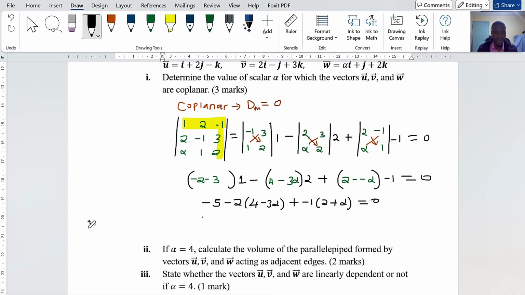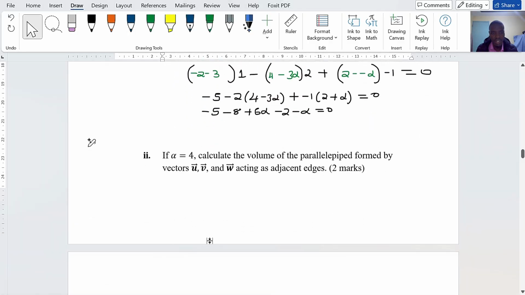So when we expand, we get -5, -2 times 4 is -8, then negative times negative, positive, -2 times -3 gives 6 alpha. Then -1 times 2 is -2. Negative 1 times positive alpha is negative alpha, and this must be equal to 0 because they are coplanar vectors. They lie on the same plane.